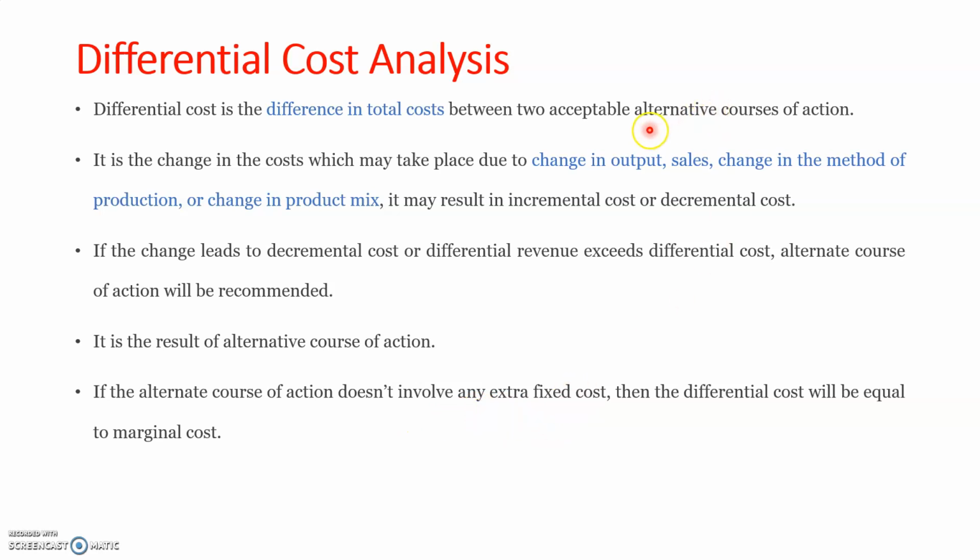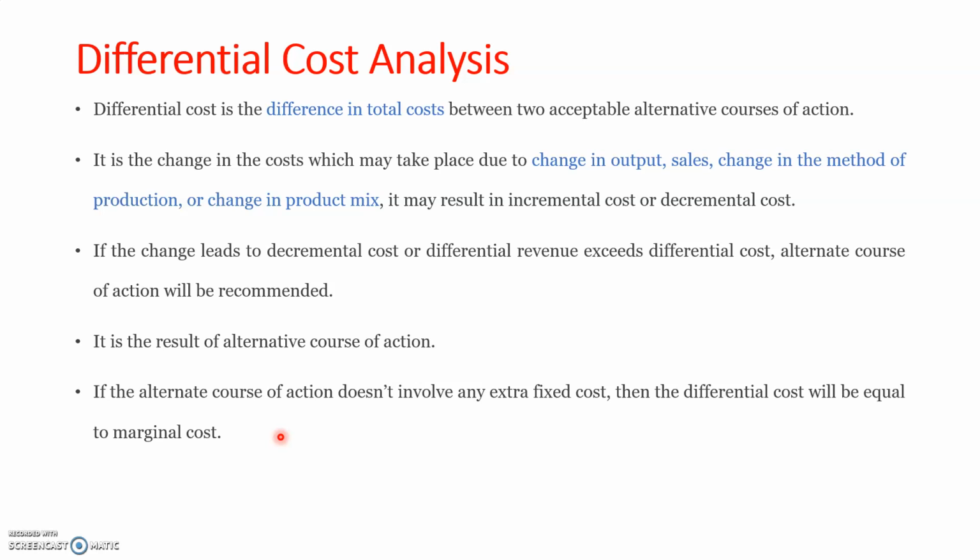If our alternative course of action or level of output is changed, but there is no change in fixed cost due to this change, then the incremental or differential cost will be equal to the marginal cost. It will be clear while doing the problems. I hope the concept is clear here.